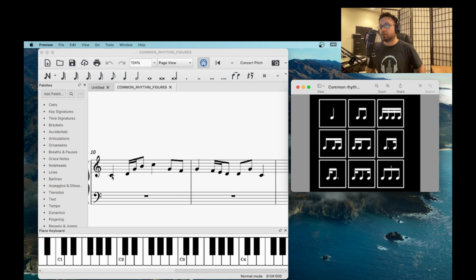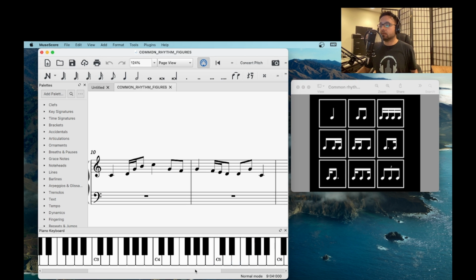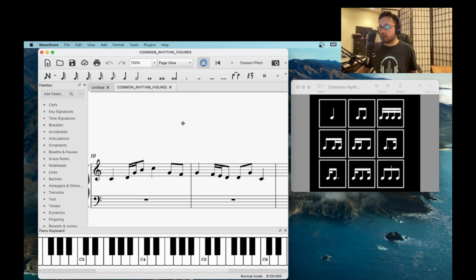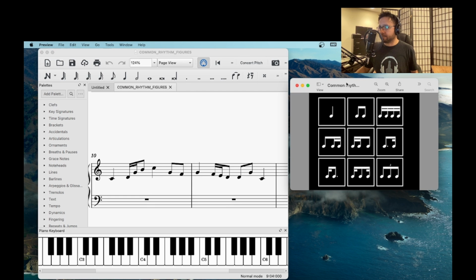The scale of C major is just C to C. That's C, D, E, F, G, A, B, C. Alright, so what's my thought process behind this? I'm just going to take this one, the first cell of a quadrant, and I'll just put it there.